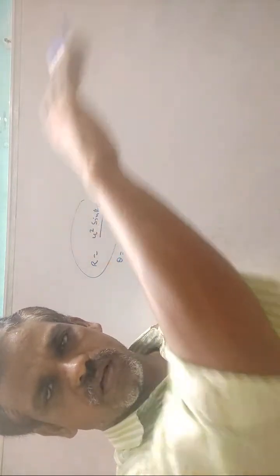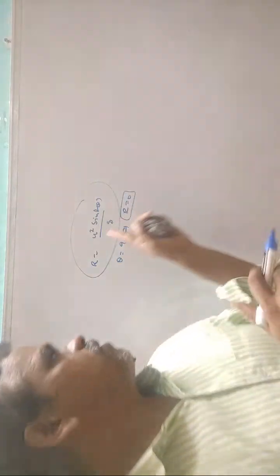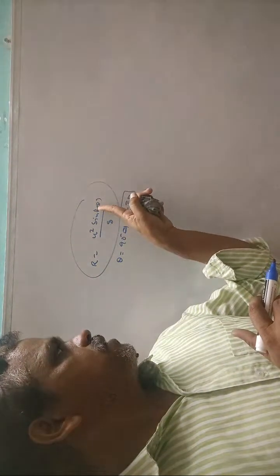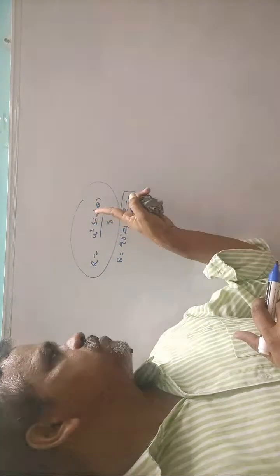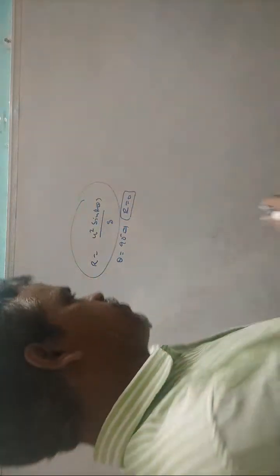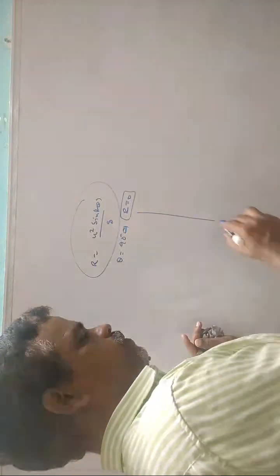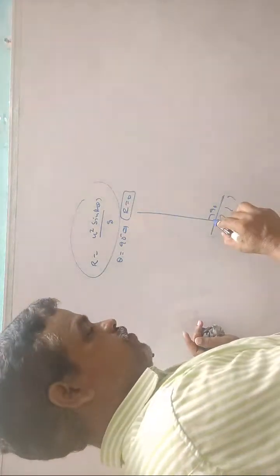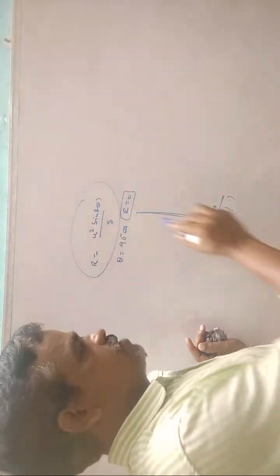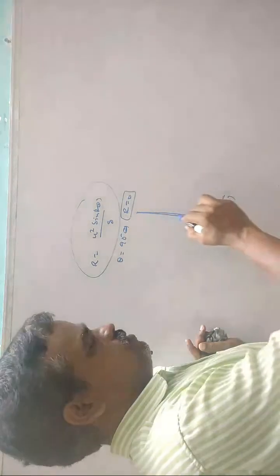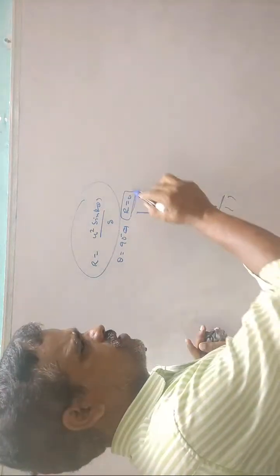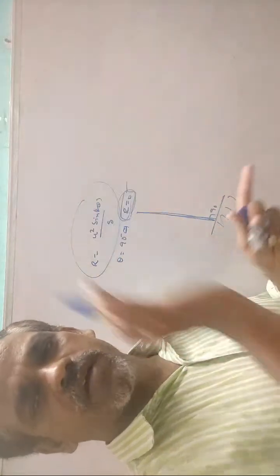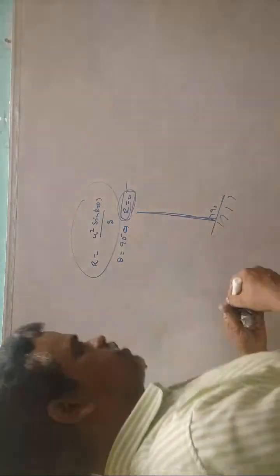When theta is equal to 90, sin 2 into 90, sin 180, will become 0, so range equals 0. If we project vertically, that is making an angle of 90 with the ground, what happens? It will go up and fall at the same place. The range will become equal to 0. I am comparing oblique projection and vertical projection. So this is also one more important point.